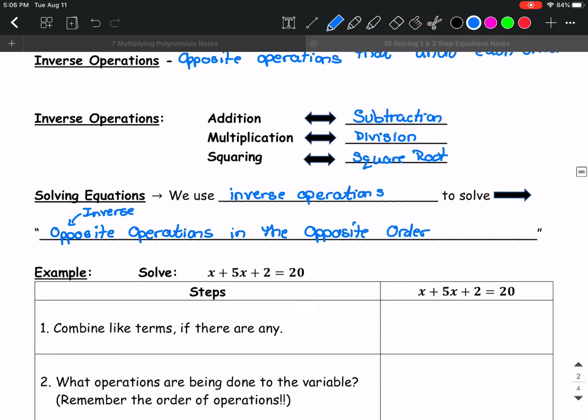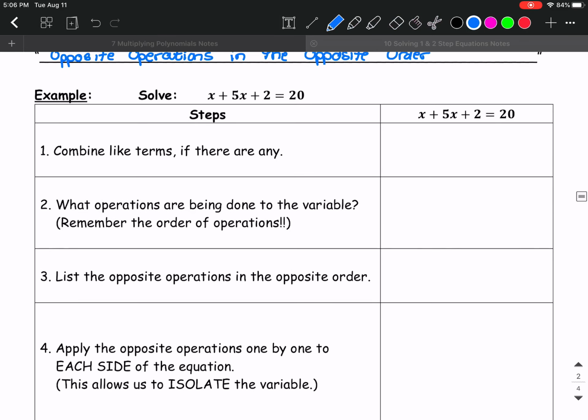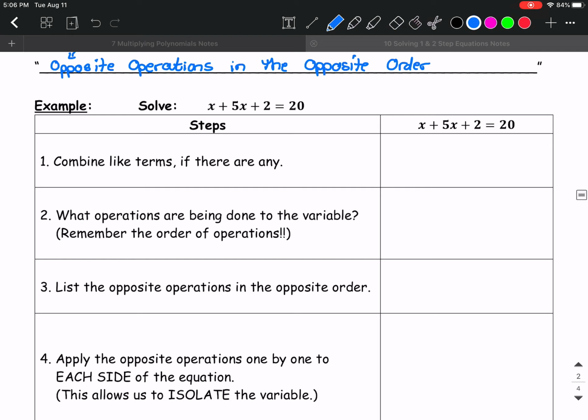Now let me show you what I'm talking about. So here's an example. We're going to solve x plus 5x plus 2 equals 20. Now the first step is to combine like terms if we have any. And notice in this problem, we have x plus 5x. So what we really have is 6x plus 2 equals 20. Now, what operations are being done to the variable?